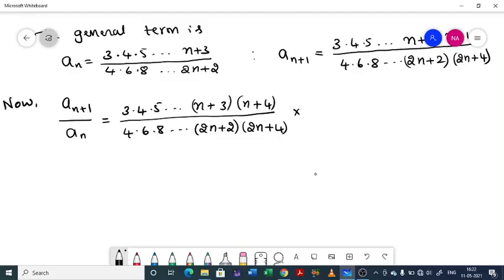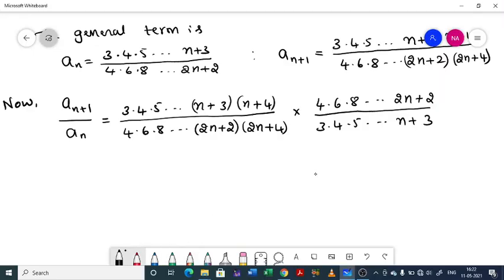I am multiplying 1 by a_n, that means 4 into 6 into 8 and so on up to 2n plus 2, divided by 3 into 4 into 5 and so on up to n plus 3.